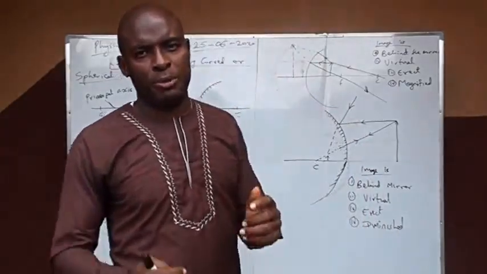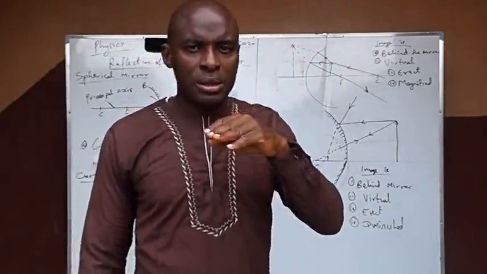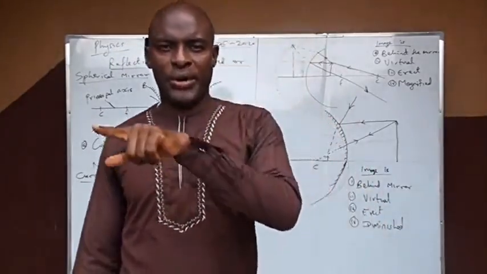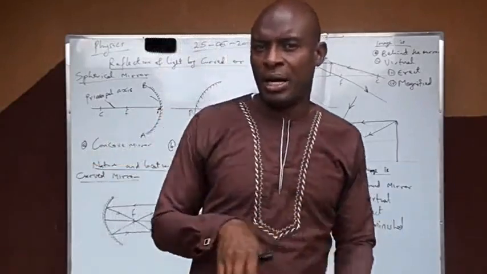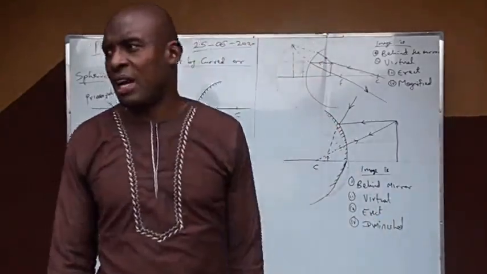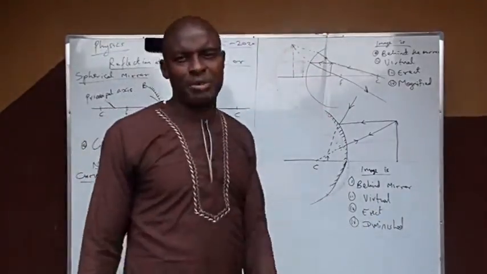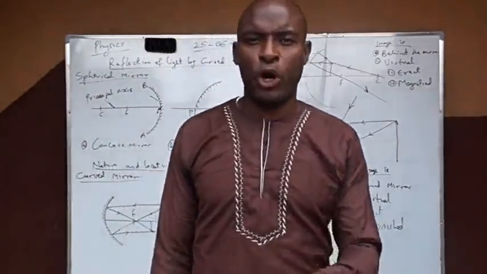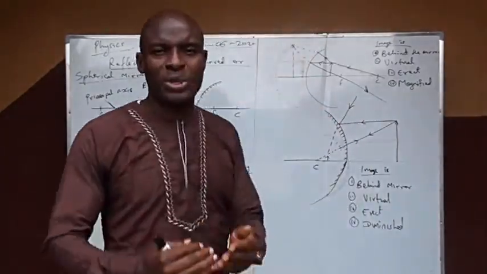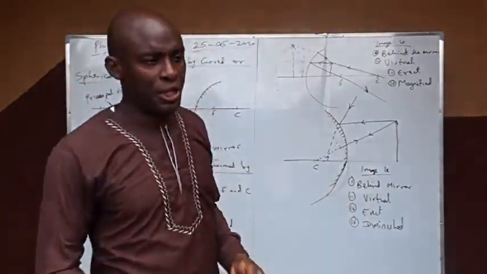While the principal focus of a convex mirror is that point from which all rays parallel and close to the principal axis appear to diverge after reflection from the mirror.